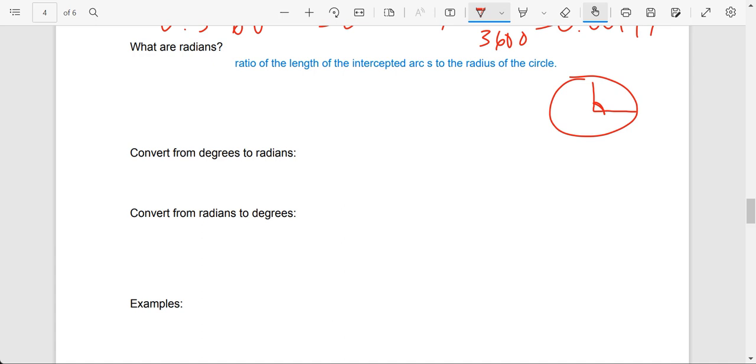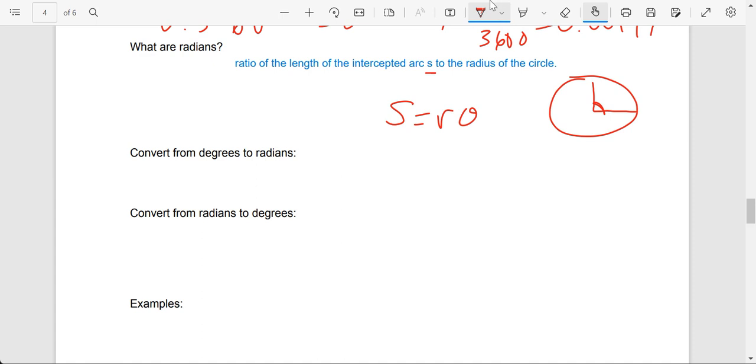And we said here in your definition, radians is the ratio of intercepted arc S to the radius. So we're dealing with S equals r theta. So if theta is equal to 2 pi, that's your circumference formula. So that's where this is all coming from. If I put 2 pi in for theta, that's going to be everything around the circle.